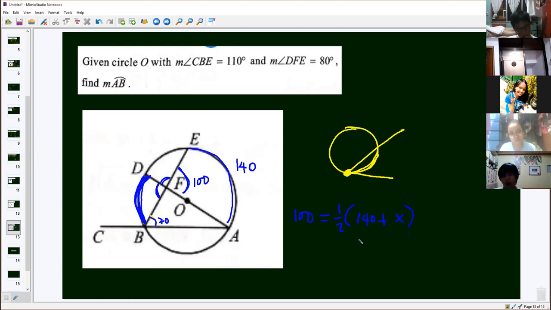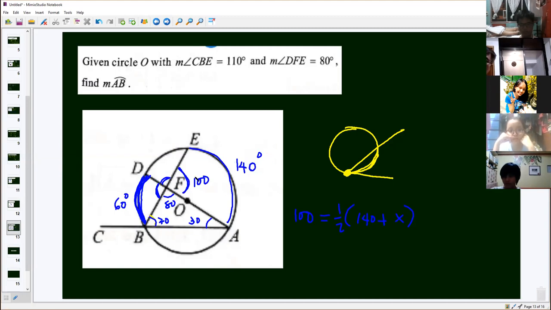So malamang X must be 60. So this is 60. 140, 60. Right? And ano pa? We know this is 80. Tapos, this is also 80, of course. Pero, ito 30, tama. Tama naman na 60.